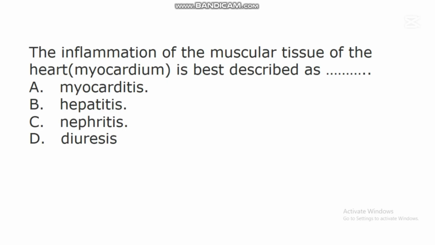In this question, the correct answer is A. Myocarditis. Myocarditis is the inflammation of the muscular tissue of the heart known as myocardium. This myocarditis is one of the diseases of the heart.